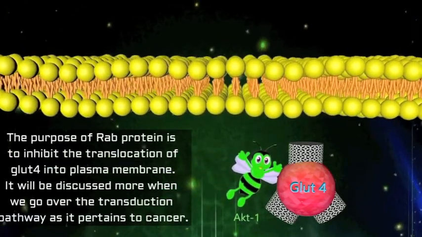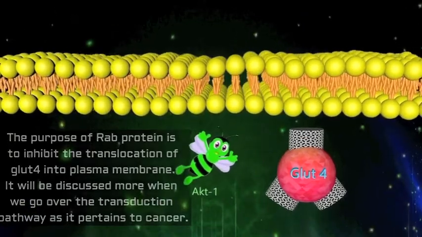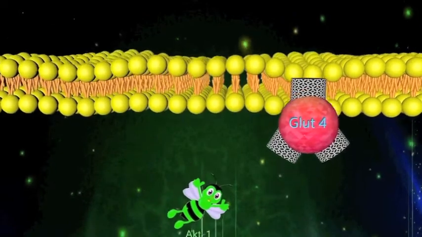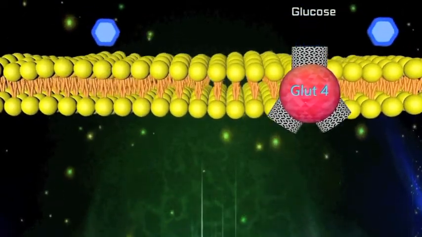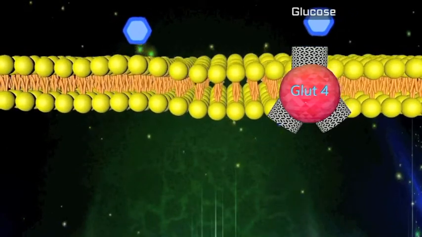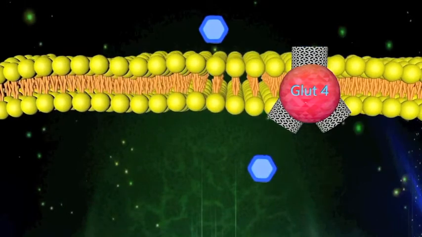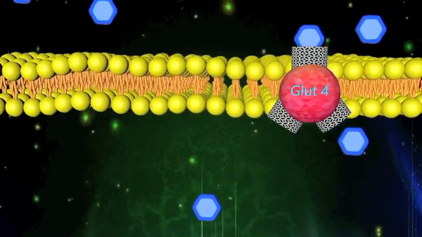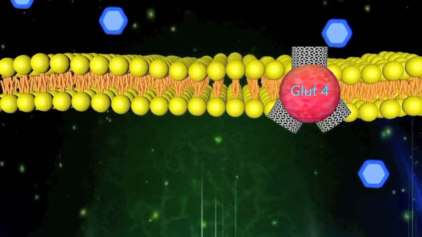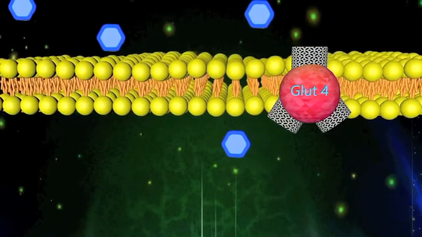When there is no insulin, Rab proteins inhibit the translocation of GLUT4 vesicles to the cell membrane. Once the GLUT4 vesicles are merged, a large quantity of glucose can move into the cell. Once glucose is inside, it can be utilized for ATP production, or can be stored in the form of glycogen.